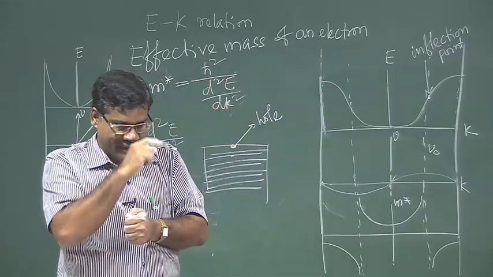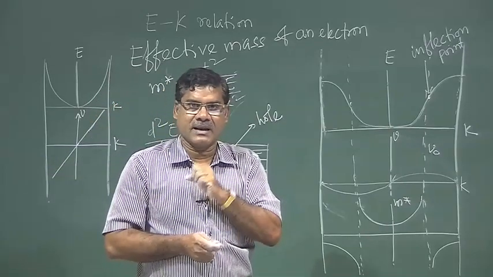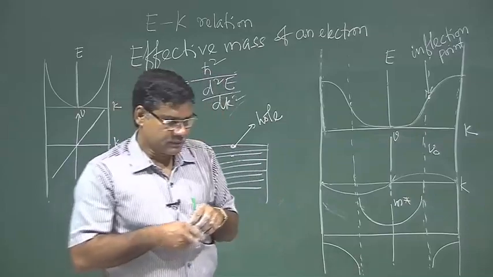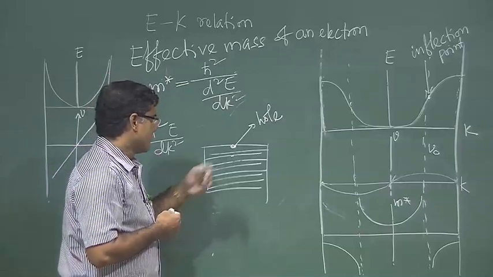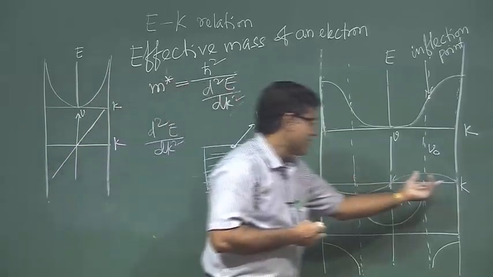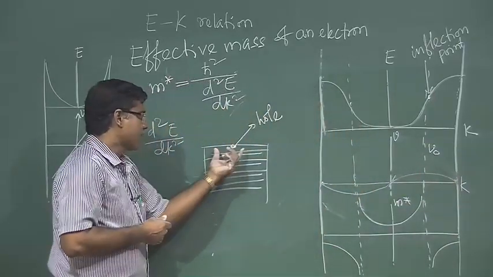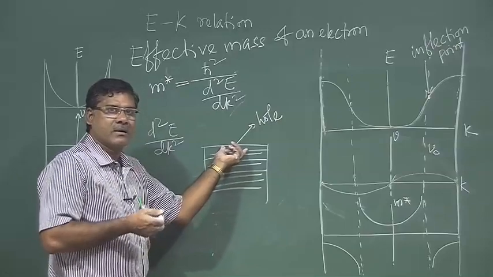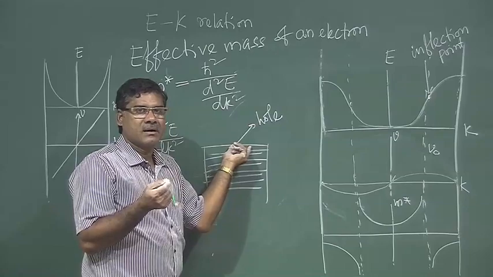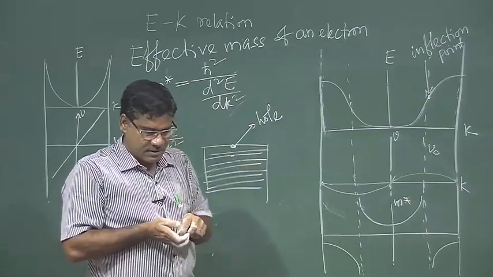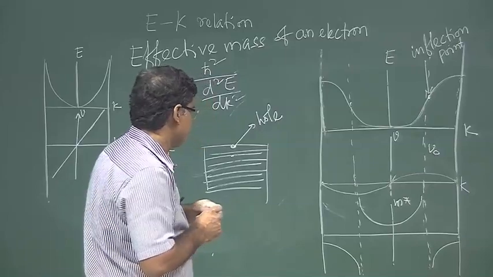Electron basically has negative charge and positive mass, but in the upper band, the electron behaves as if it has positive charge.